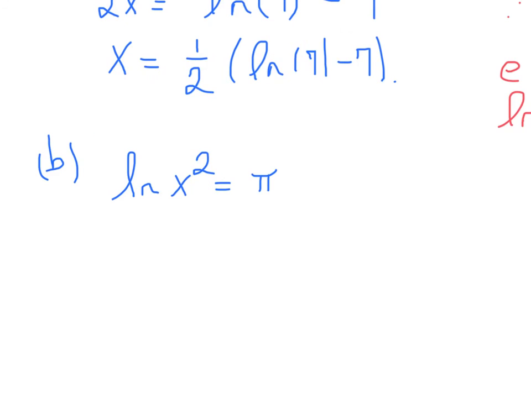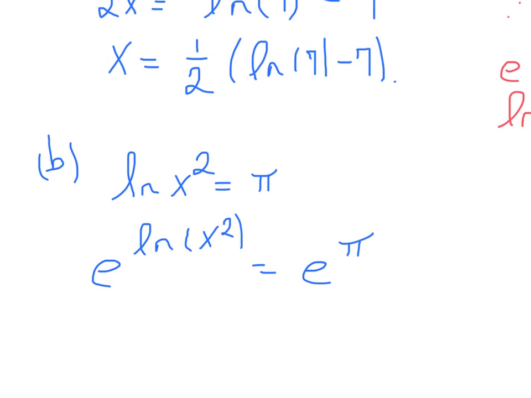If log of x squared is pi, then e to the log of x squared is just e to the pi, and now we have e and the log together. They cancel one another, and I'm just going to be left with x squared on the left.